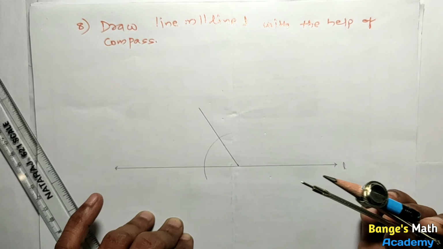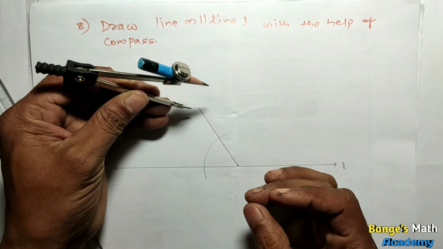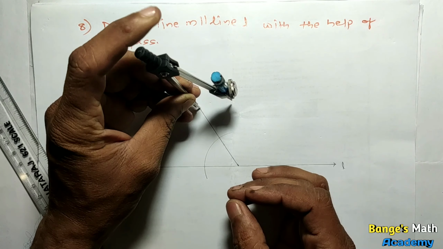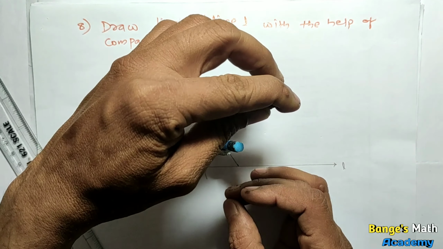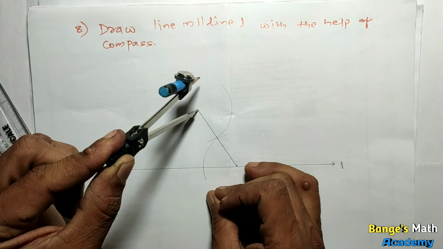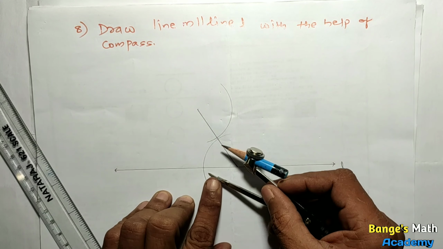Then keeping the distance same, put still point of arc on this point and draw an arc to the opposite side. Then see, take distance in your compass.